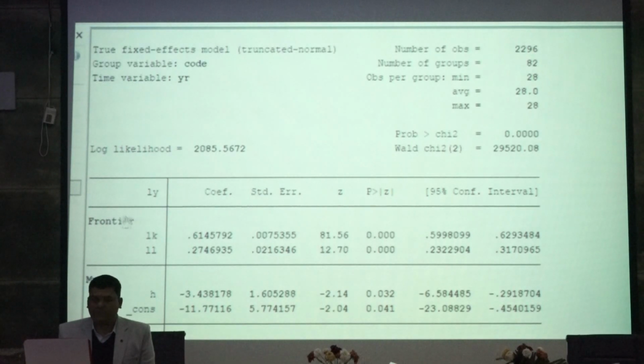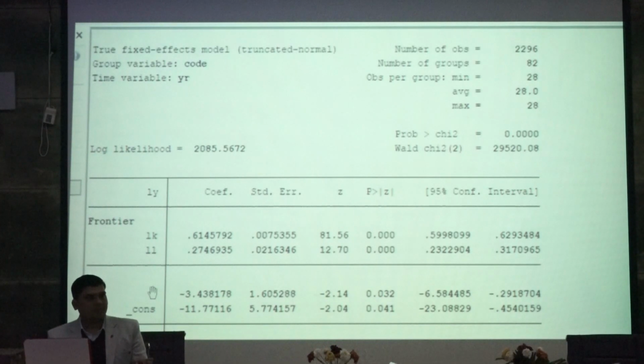Now you can check this one. This is the stochastic frontier model. You can check the impact of each and every variable on the dependent variable. Your dependent variable is Ly, and your independent variables are these. And this mu is the inefficiency term, and this mu has this H. This is the regression of the inefficiency term on the H variable, because we are interested in checking whether any variable has an impact on inefficiency.